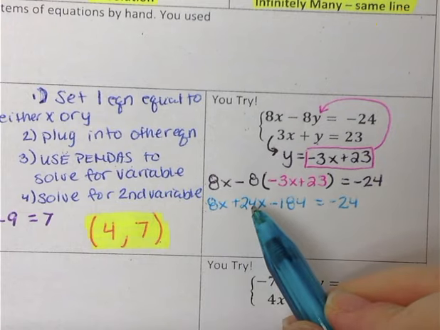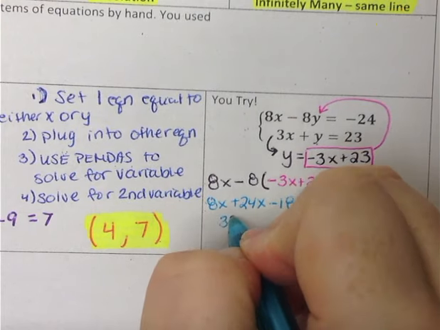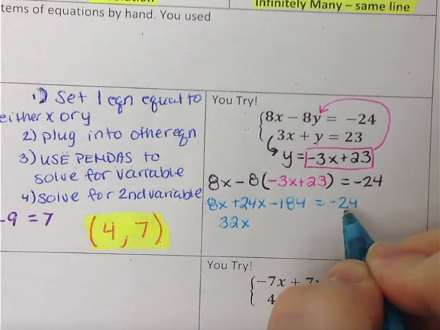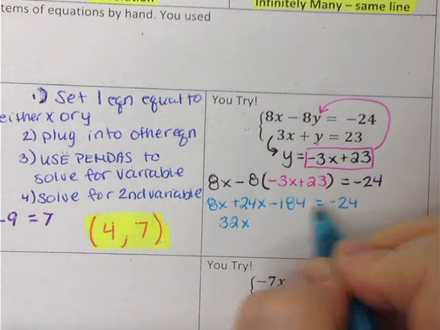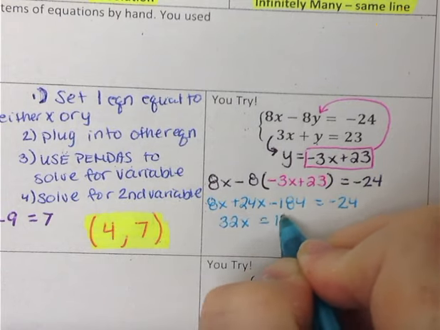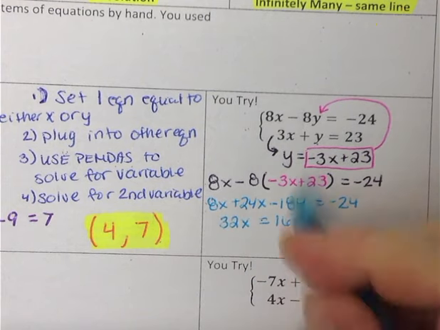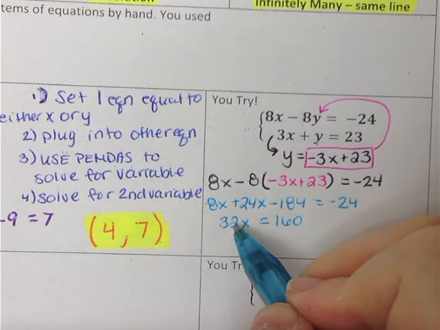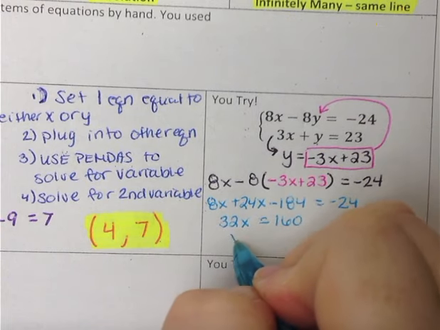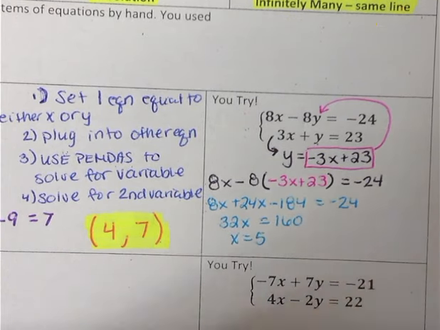So 8x plus 24x is 32x. So I have just my x's on the left. I'm going to add that 184 now, and 184 and a negative 24 will give us a positive 160. Then I'm going to solve for x by dividing by 32. So 160 divided by 32 is going to be 5. So x is equal to 5.